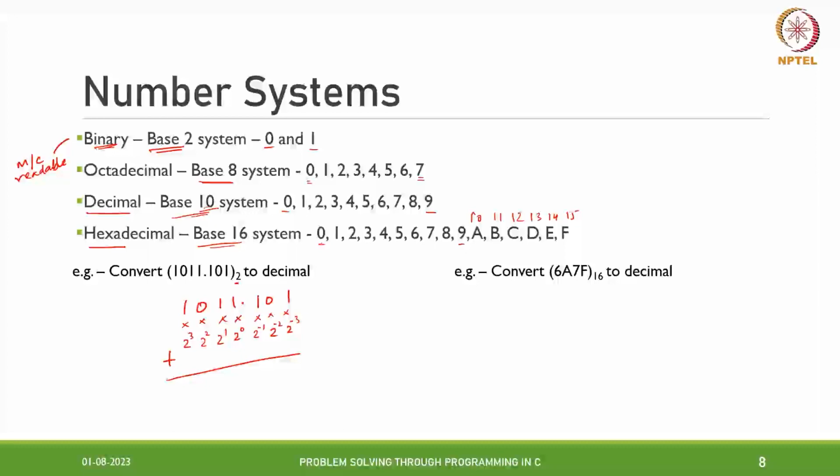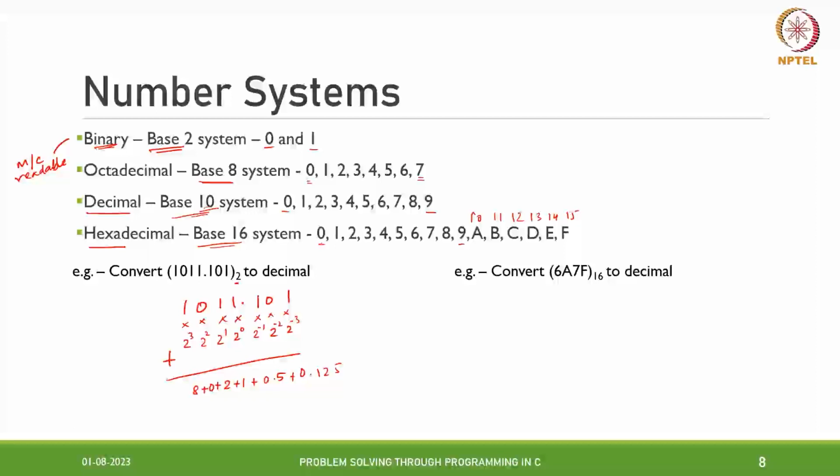Okay, so basically this will be 2 to the power 0, it will be 1. Next, this will be 2, this will be 0, this will be 8, and this will be point 0.5, right? And this will be 0.125, right?